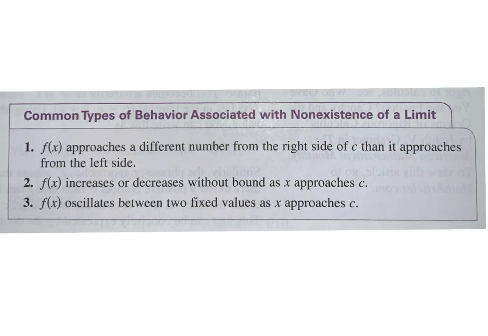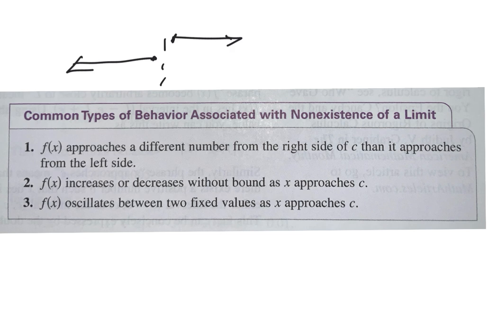All right, so the reasons that you could have a limit that did not exist: an overall limit will not exist if that function is approaching different numbers from the right and from the left. Remember, to have an overall limit, they have to be going towards the same thing. So if you have a function that is going this direction and then this direction here, we would not have a limit right there.